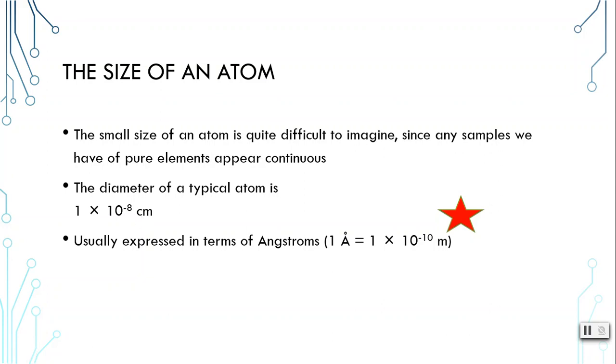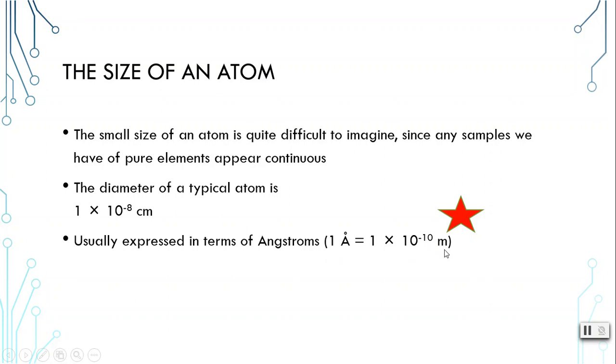The unit that scientists like to use when talking about sizes of atoms and molecules is this new unit called the Angstrom, which, yes, you do need to be familiar with. There's that star. The symbol for Angstrom is an A with a funny little hat. It's a German symbol. 1 Angstrom is equal to 1 times 10 to the negative 10 meters. So pretty darn small.